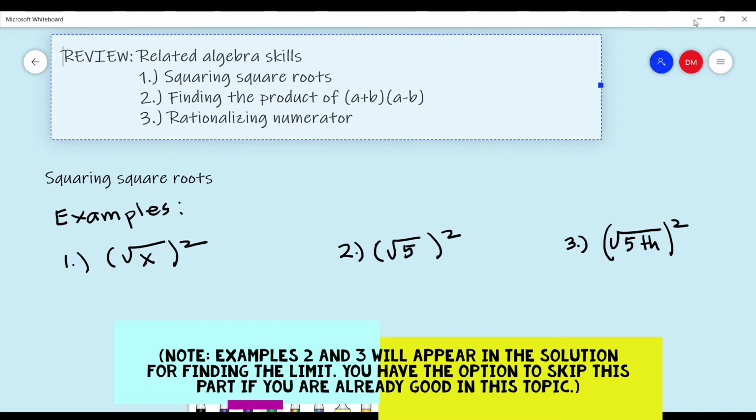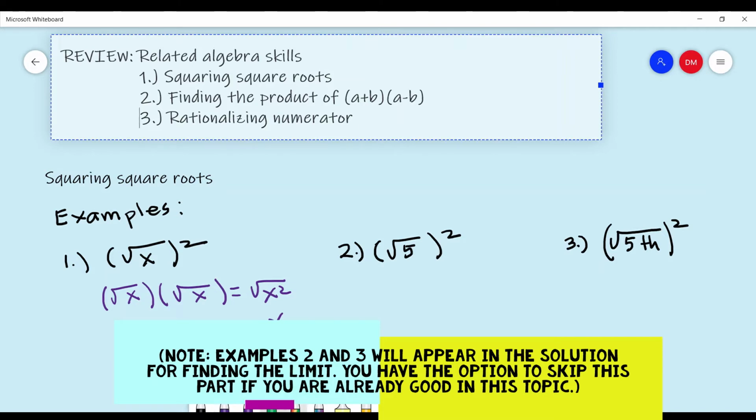So we will have first squaring square roots. Here we have 3 examples. For the first example, we have the square root of x. So we will multiply square root of x times square root of x, and that is equal to square root of x squared, which is equal to x.